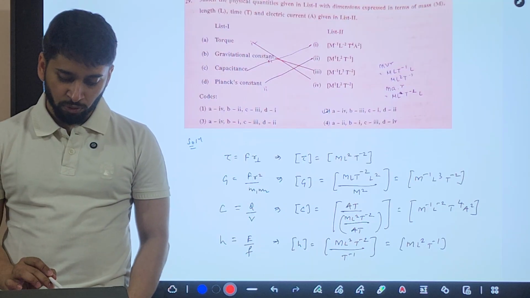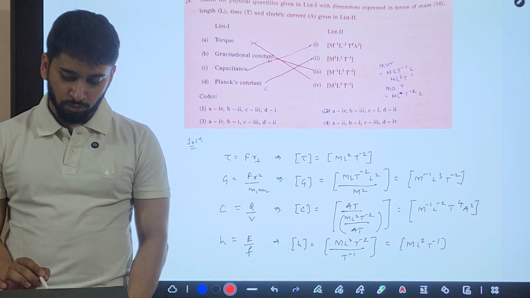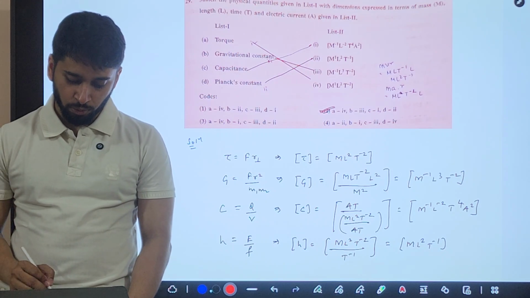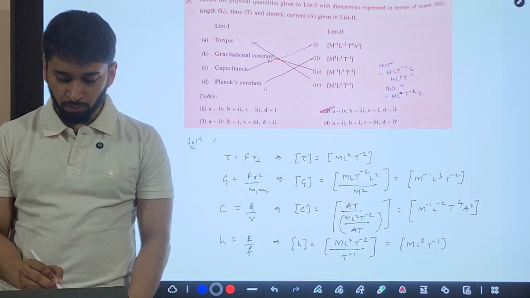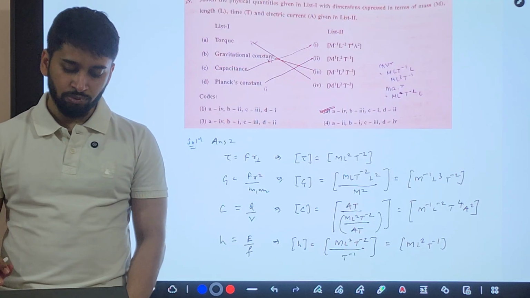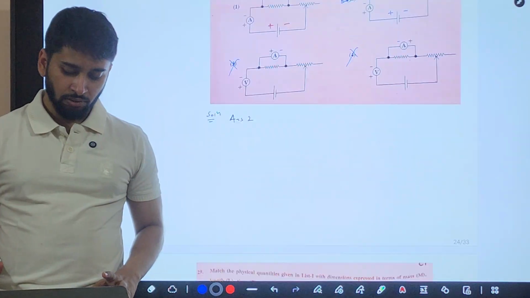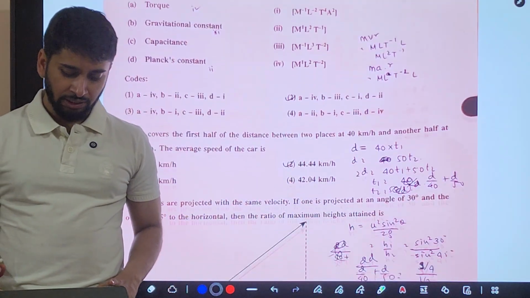So first should be 4, second should be 3, third should be 2, fourth should be 1, so that is happening in option 2. So answer is option 2. Answer is option 2 here, right? Great. 29 done.